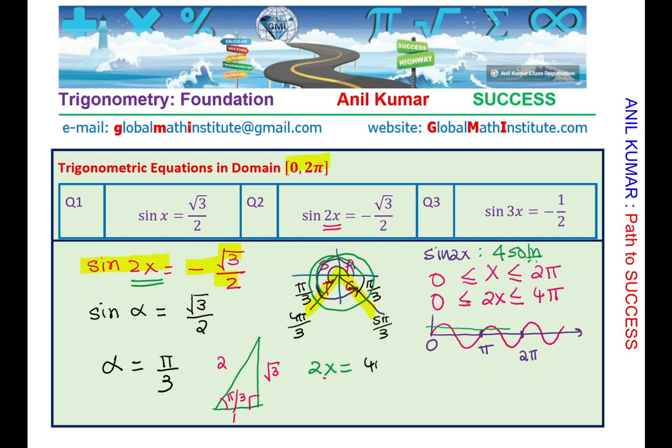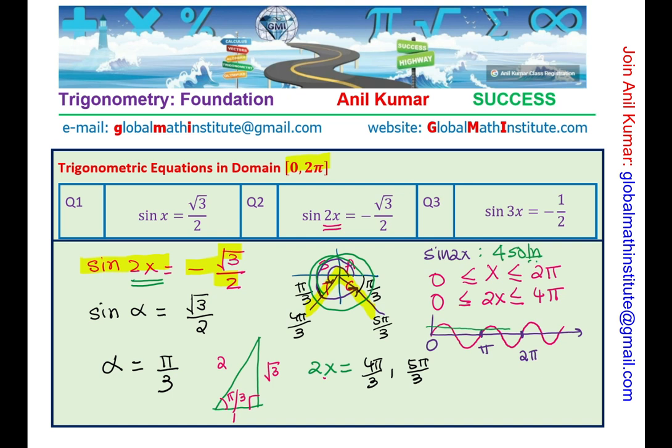So we have 4 pi by 3, 5 pi by 3, and then again we are going to add 2 pi to this, correct? So what do we get? When you add 2 pi, 2 into 3 is 6, and 6 plus 4 is 10.